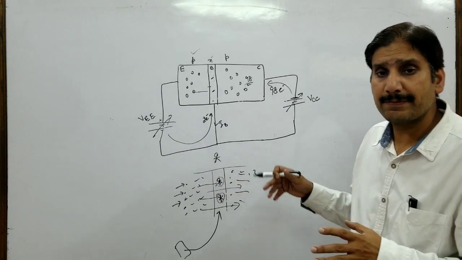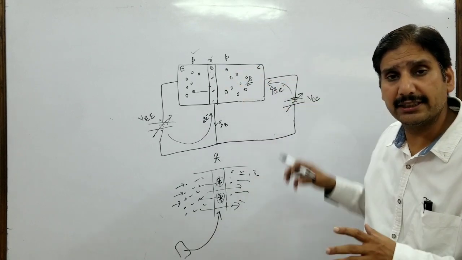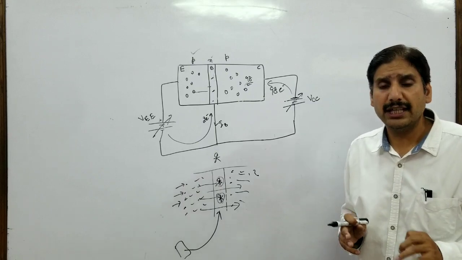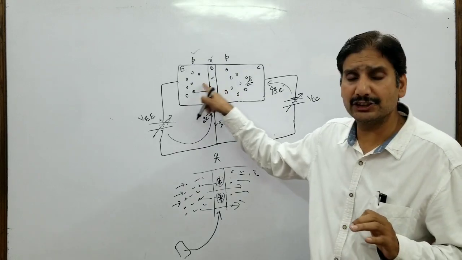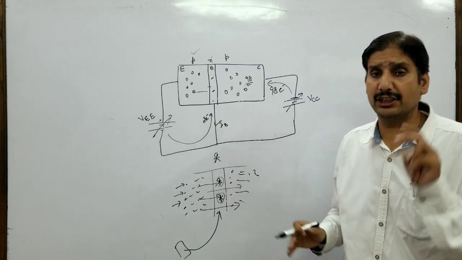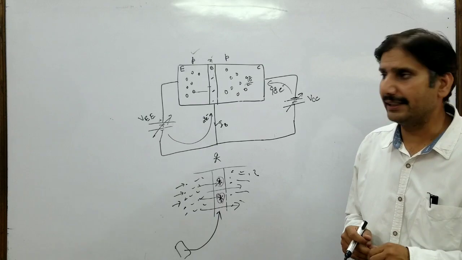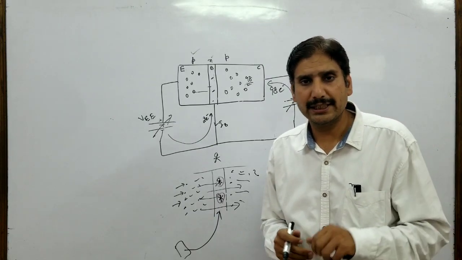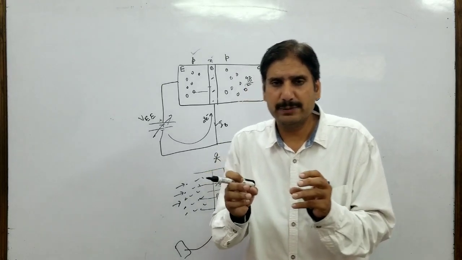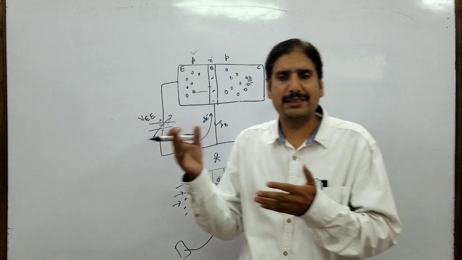Now what happens? As these electrons are neutralized in the base region or in the collector region, to which region actually did these holes belong? These holes belong to the emitter region. So for every neutralization which takes place in the base region or in the collector region, a new covalent bond breaks in the emitter region. Why does a covalent bond break? Here, when we say covalent bond breaks, it should be interpreted slightly differently from the way you interpret it in chemistry.